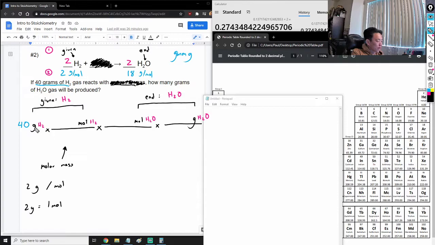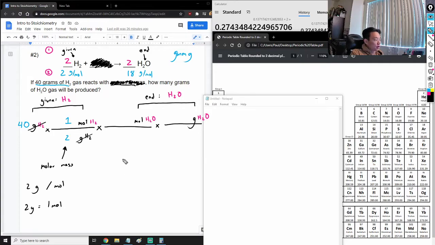So we have moles on the top, and we want to get rid of grams of H2, which means we're going to have to put grams of H2 on the bottom. The reason we do that is just so that we can cancel them out. The number next to grams is 2, so we're going to put a 2 on the bottom. The number next to moles is 1, so we're going to put a 1 on the top. So a 2 on the bottom, 1 on the top, and the grams cancel out.